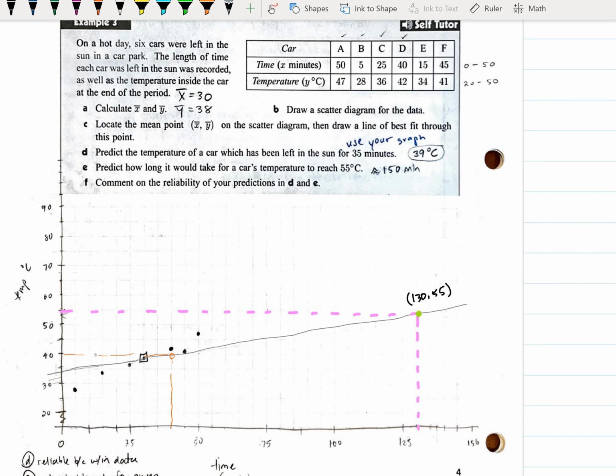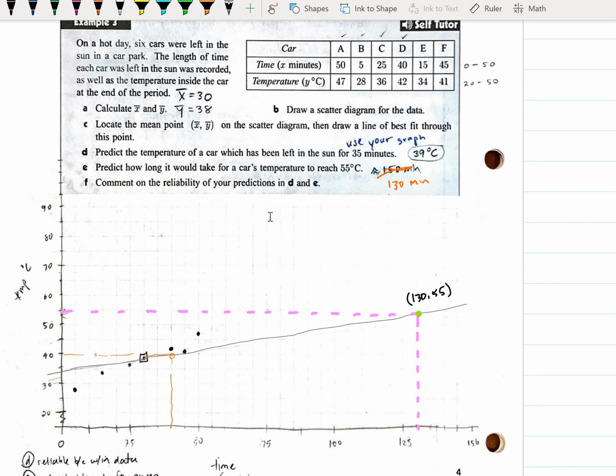I don't know why I said that earlier. That must have been for a different line of best fit. So 130 minutes. Your graph would give a different answer than my graph because your line of best fit by eye would be different than mine. If two students happen to have the identical same answers, that would be very suspicious because there's really no way that your line could match somebody else's line.